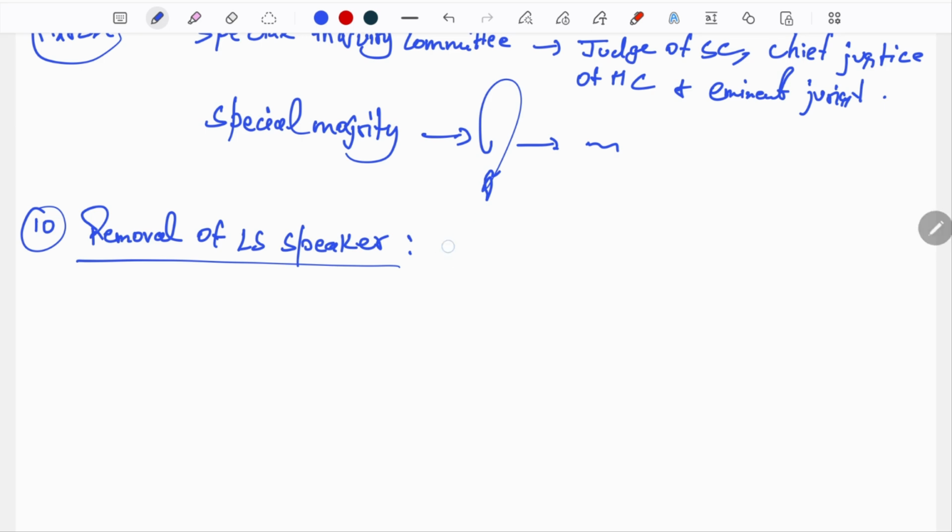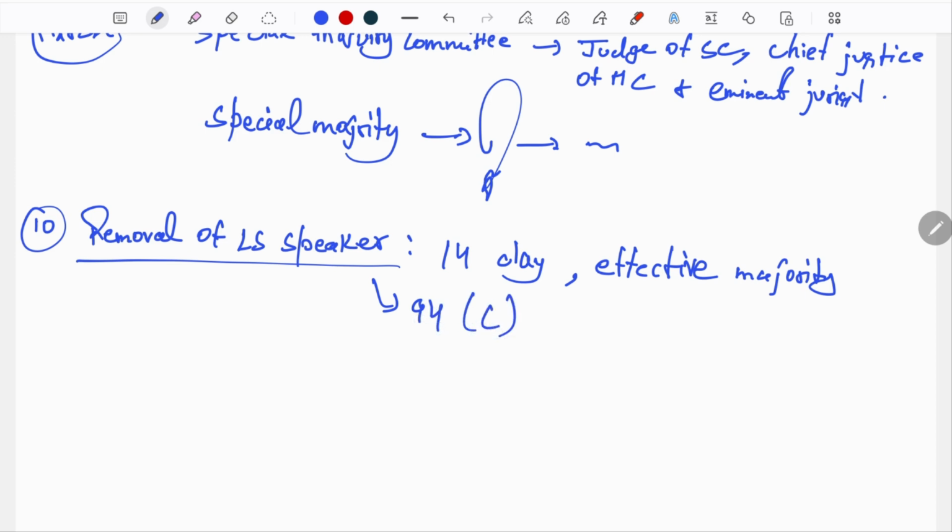A 14 days notice has to be served first, and then there will be voting on this resolution, and it has to be passed by effective majority in Lok Sabha. Then the speaker is held to be removed from his office. It is mentioned under Article 94 subclause C.